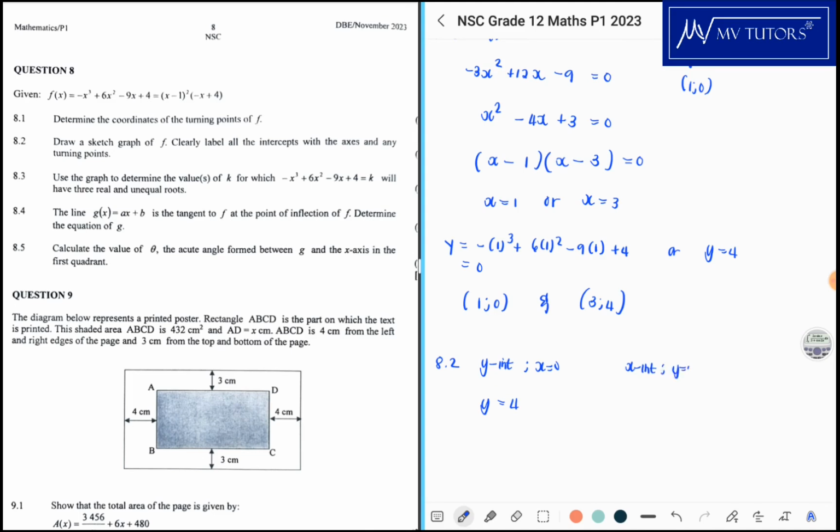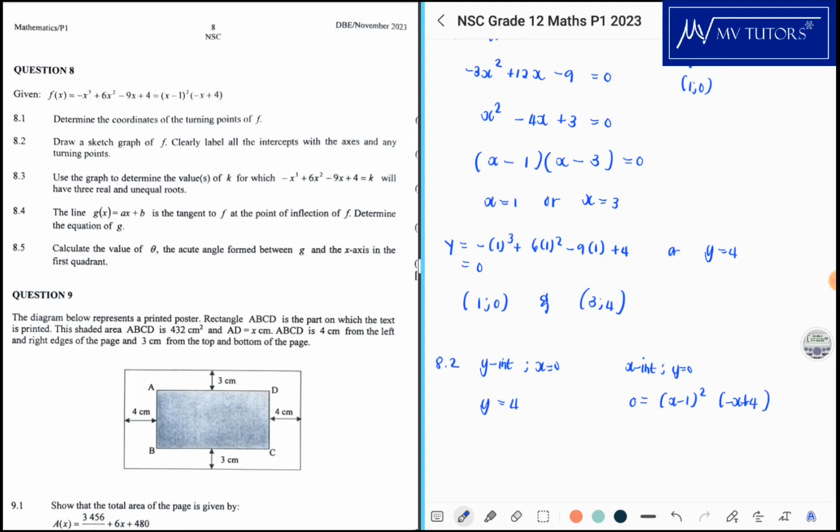And then our x-intercepts, where y is equal to 0. Remember I said they were generous. They wrote it out for us. So now what we can then see is that once they factorize, it actually looks like this: x minus 1 squared, and then we have minus x plus 4.